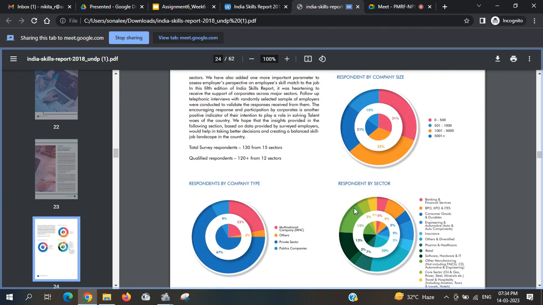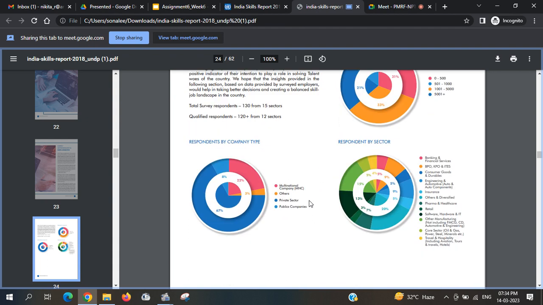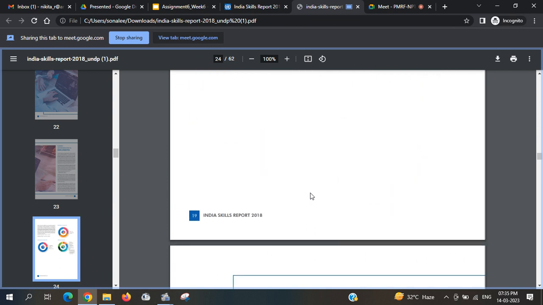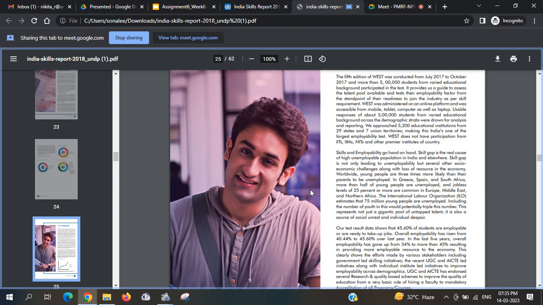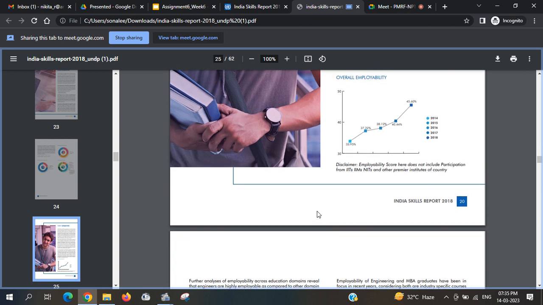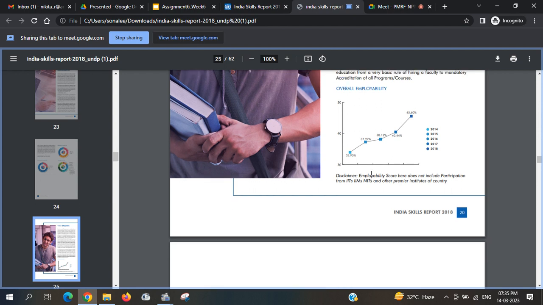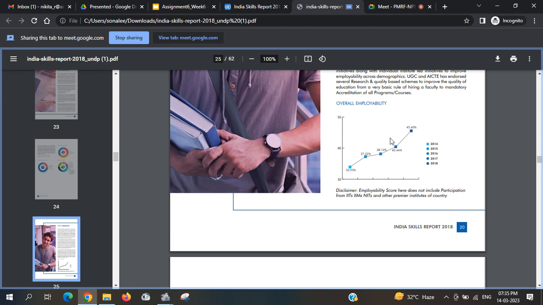And then it also provides detail about the respondents, so about respondents by company size, company type, and sectors which have participated in this survey to see the skill of Indian cities and Indian states. It also gives details of overall employability, how it has changed throughout the years.